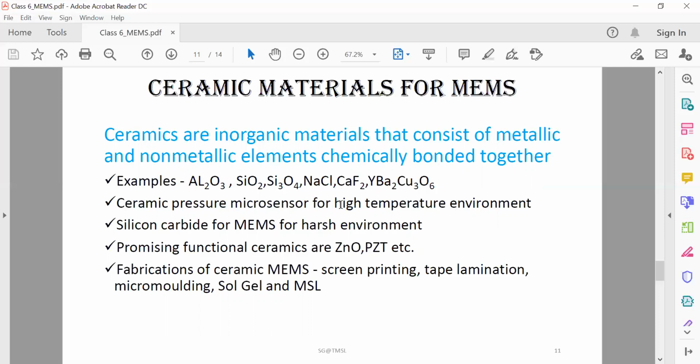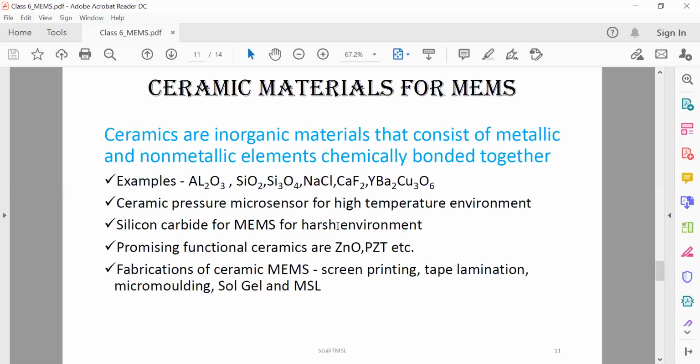Ceramic pressure microsensors are for high temperature measurement. Ceramic materials are promising particularly in two areas: one is high temperature, another is harsh environment. In high temperature and harsh environment, you cannot use metallic MEMS because most metals at that high temperature will soften and their properties will be lost.